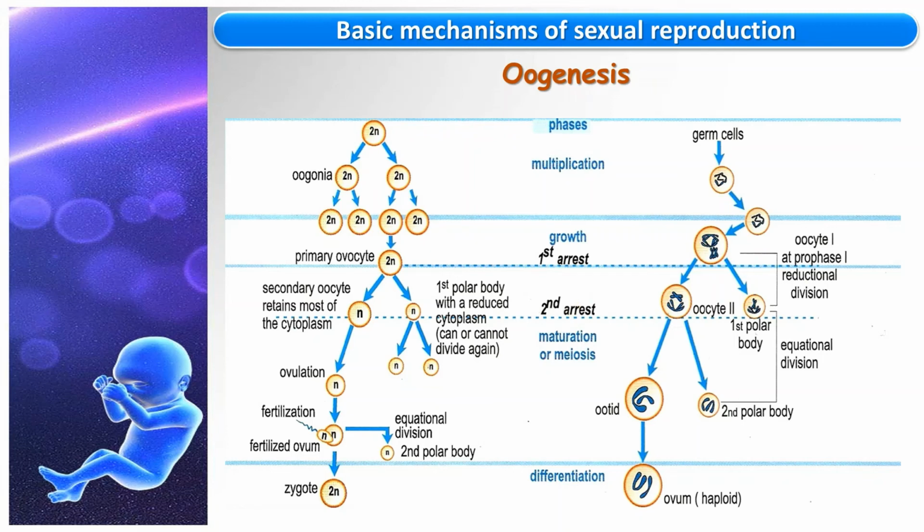Now, ovulation occurs and the oocyte 2 blocked at metaphase 2 passes from the Graafian follicle in the ovary to the fallopian tubes. If fertilization doesn't take place, the oocyte 2 degenerates and oogenesis won't end.